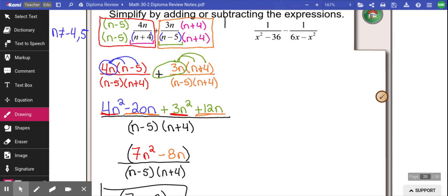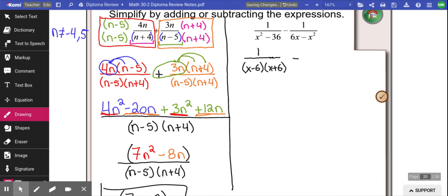I can factor that. So if I look at it, the first one would become 1 over x minus 6, x plus 6. Then I have subtraction, 1 divided by, and I can factor that second thing as well.